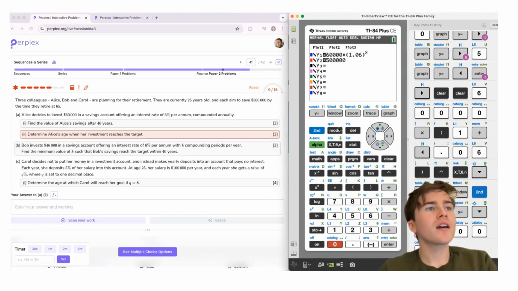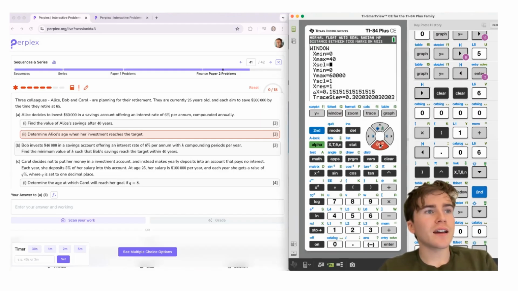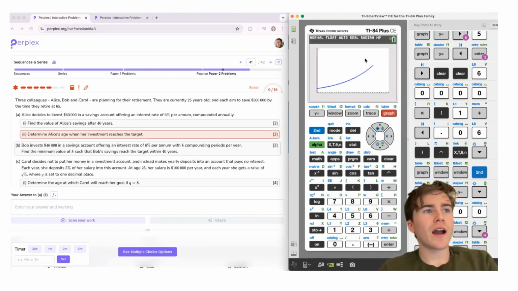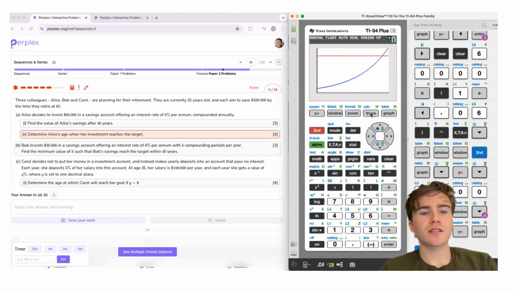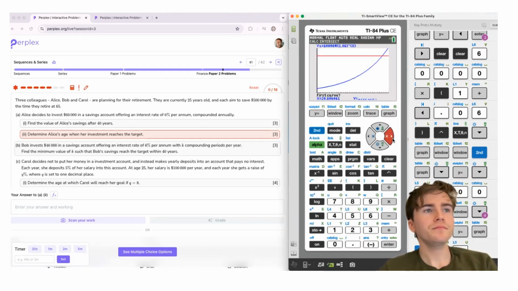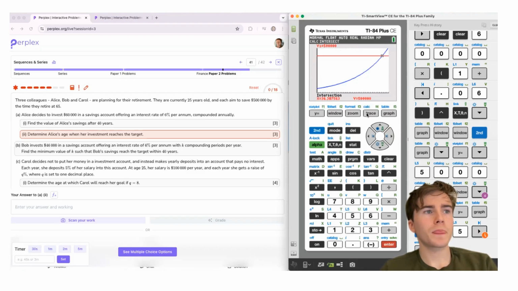My window is wrong. 500,000, and I need to have an extra 0 here. So that's my bad. Graph. There we go. Now we see the intersection. The blue line is her savings. The red line is the target. Okay, so we're going to go to intersect. Enter, enter, enter. 36.38 years.